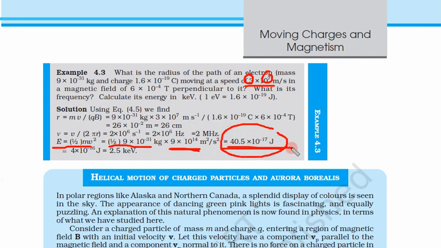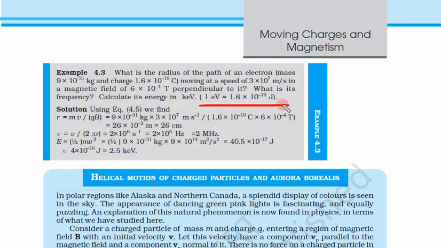So this is in joule, but we have to tell this energy in kilo electron volt. So let us divide it by kilo electron volt. 1 electron volt is 1.6 into 10 to power minus 19 joule. 1 keV, kilo means 10 to power 3 in multiplication, so that becomes 1.6 into 10 to power minus 16 joule.